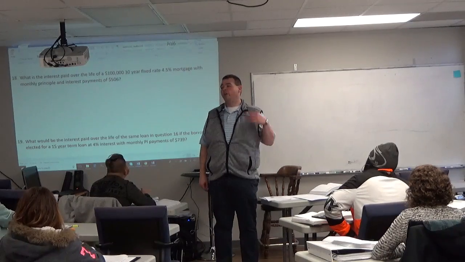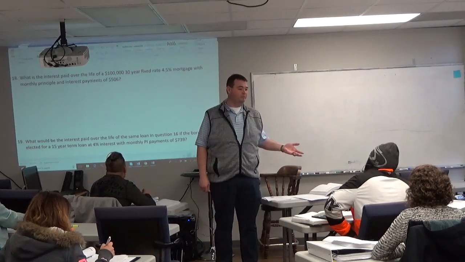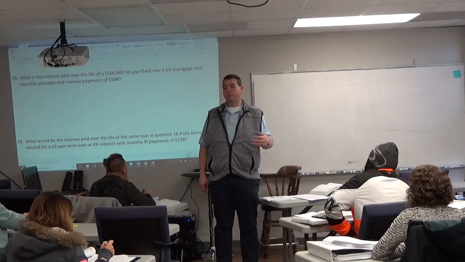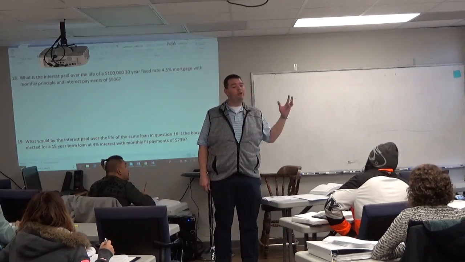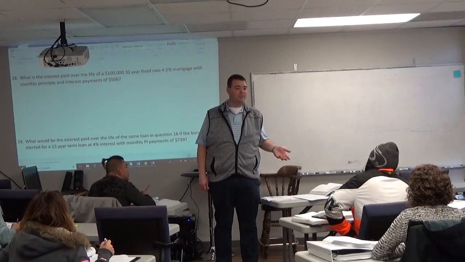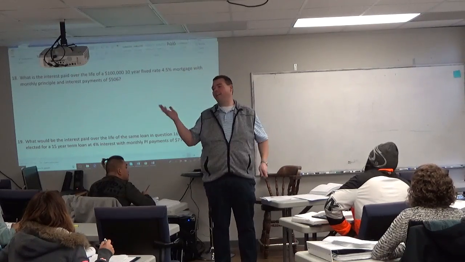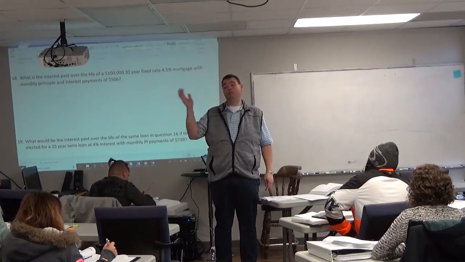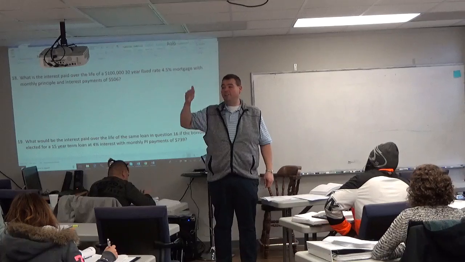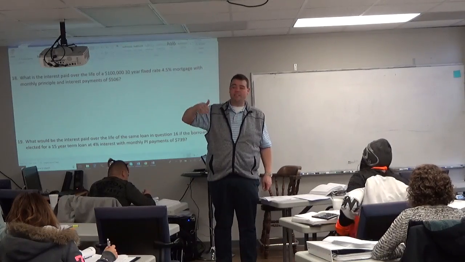Because the truth is, you can't get there with the interest rate. The interest rate would only give you annual interest in the first year. But what is that interest doing over time? It's decreasing. So you can't calculate how much interest they would pay in year 1 and then multiply that times 30 years, because it would be way too much. Every year the interest is going down.